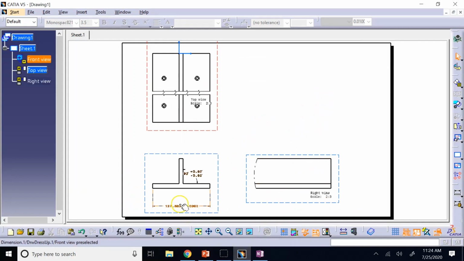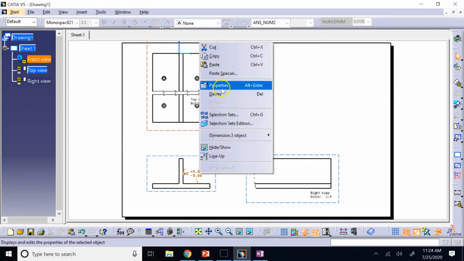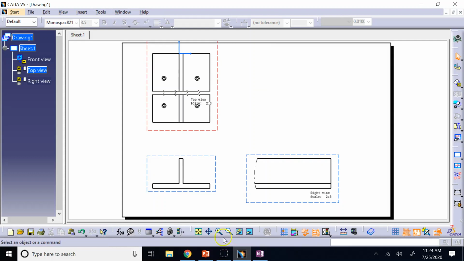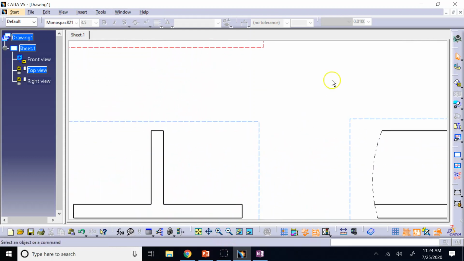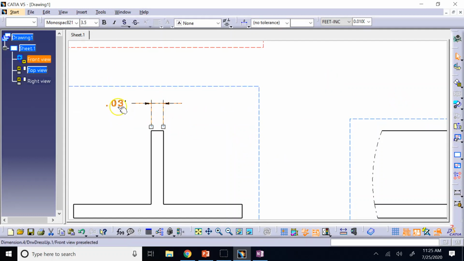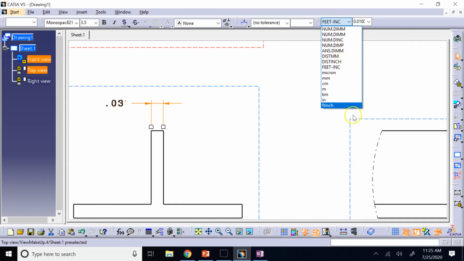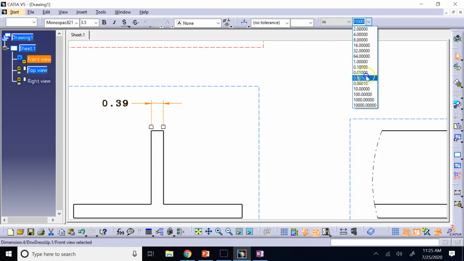As I said, when you have a dimension, you can add the plus minus form or the limit form to it. So let's say here, I provide this dimension, and if you remember, I can change the units for it, and I can change the number of decimals for it.